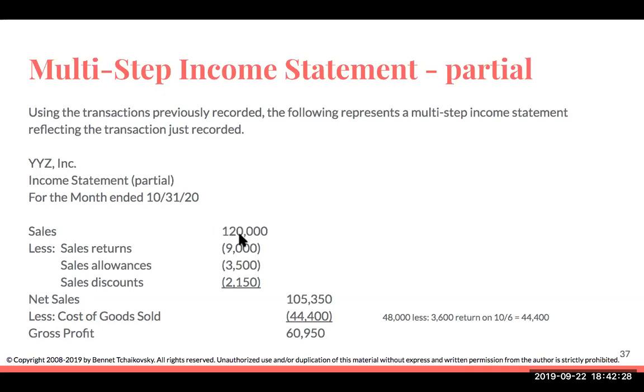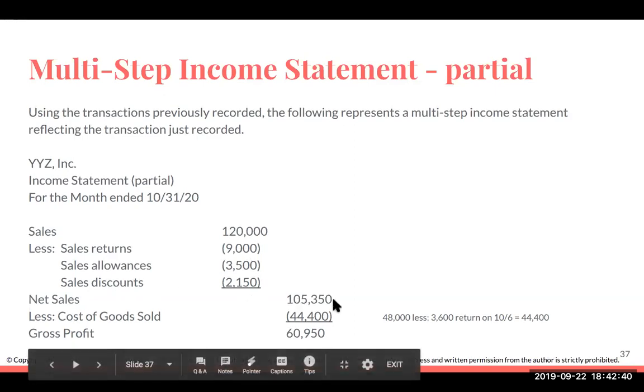So here we have sales of 120,000 less sales returns, the 9,000 we had, less sales allowances, the $3,500 I gave them, less the sales discounts of $2,150, which gets me to net sales, less my cost of goods sold of 44,400. Now, how did I get that number?